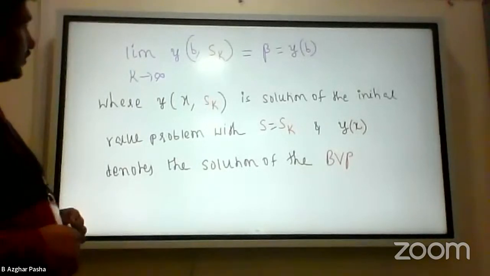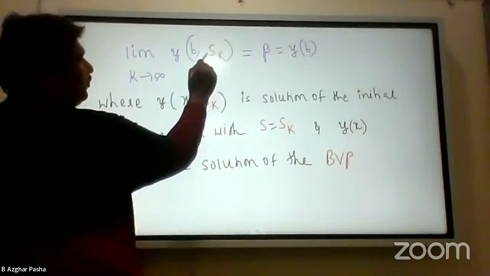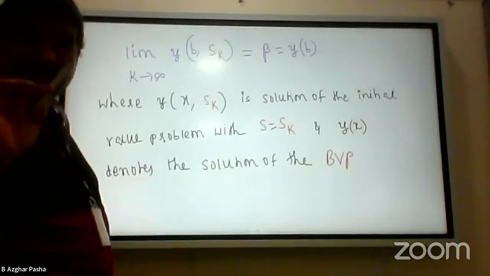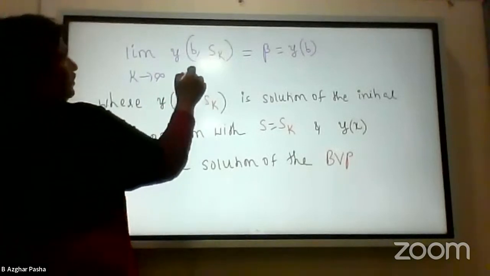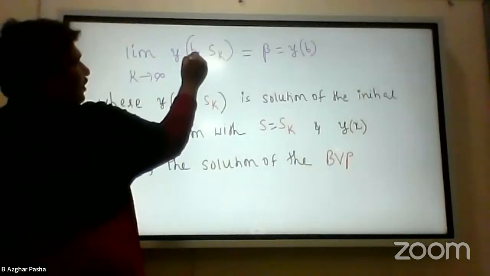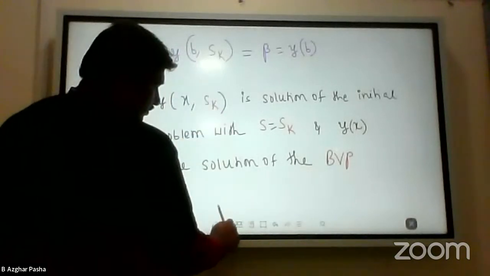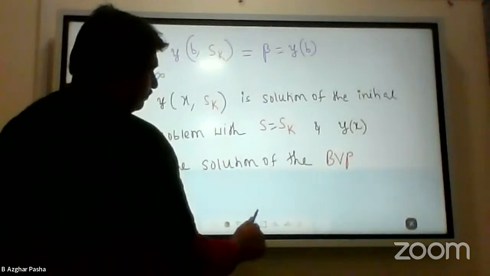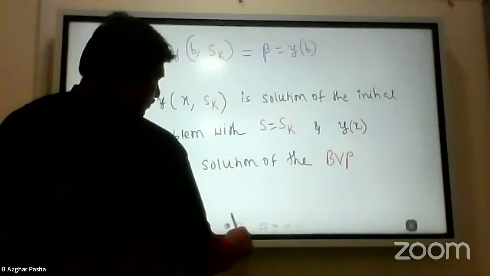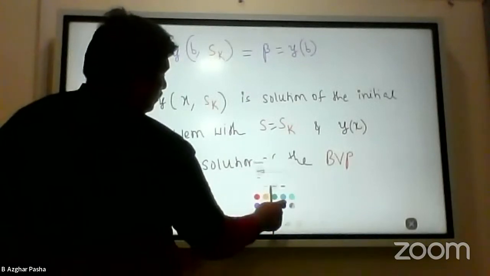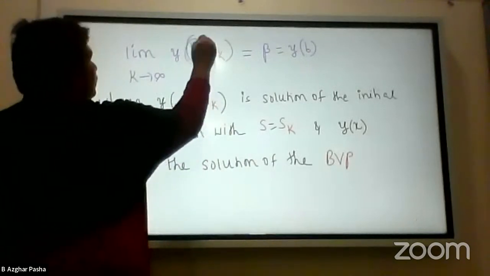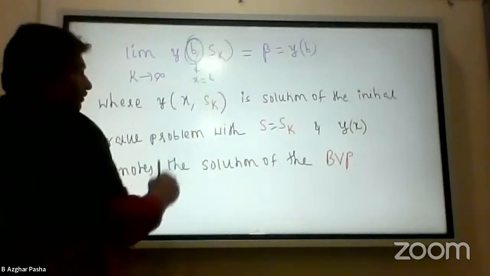What we want is to iterate. We have to refine the value of S in such a way that the value of this initial value problem solution at X equals B matches the given boundary condition.